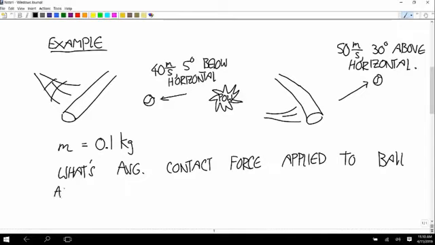Assuming that contact force is much larger than the weight.